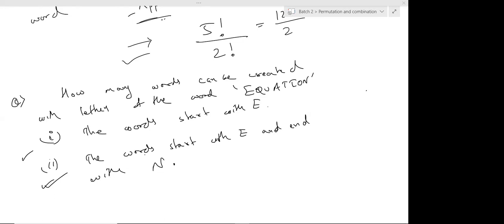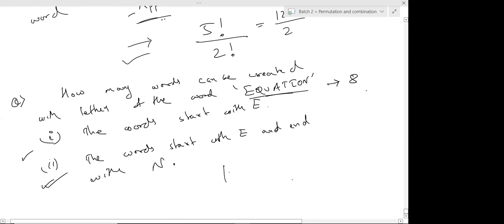Solve this question. Shaifullah, Rahman, Mazia, Peer. All right, see, you have to arrange the letters of this word equation. So there are 8 letters, right?